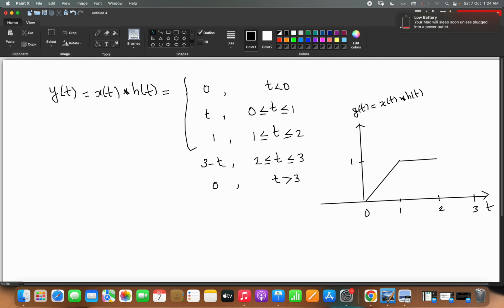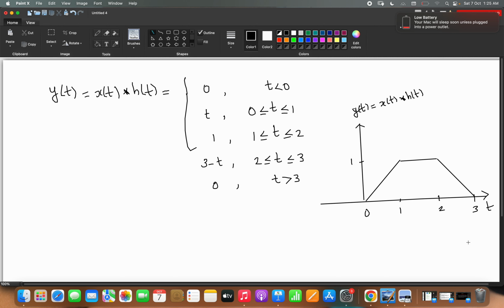T equal to 3 means it will be 0. So it will be like this. And for t greater than 3, the value is 0, and this is the final output. That is, this is the graphical representation of the convolution of the signals x of t and h of t.